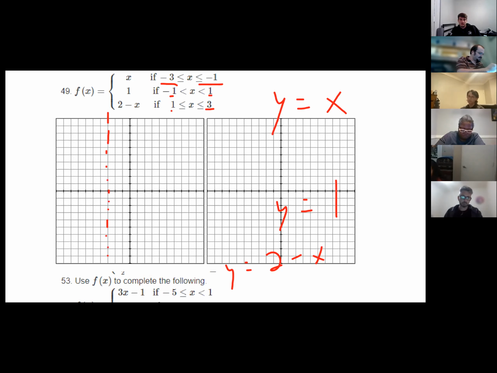I'm probably going to draw a little dashed line along here at -1, where it's going to split. I have one at 1. Trying to do a dashed line on here. And then I have one at 3.